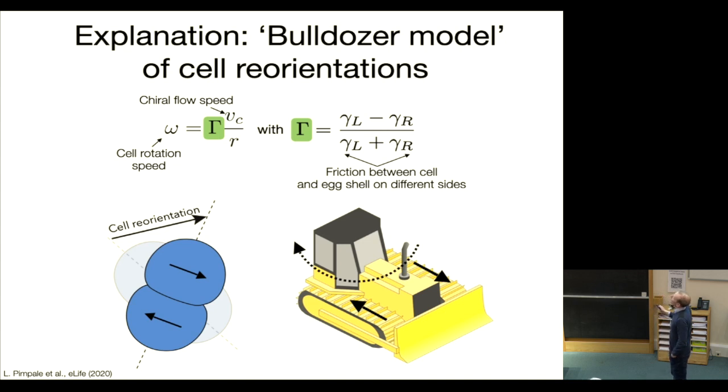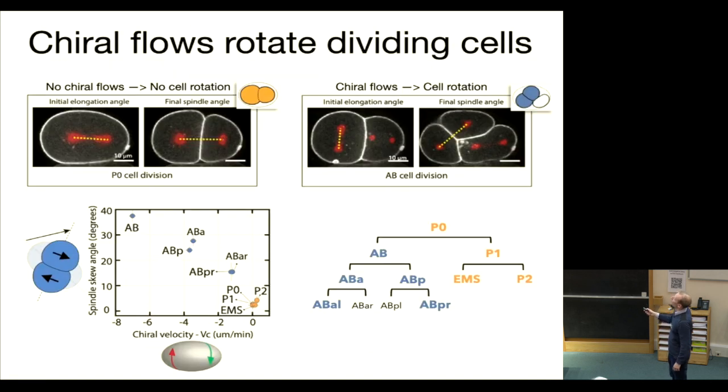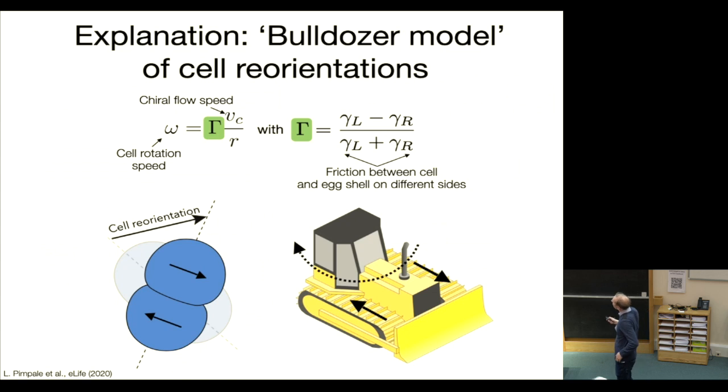So we arrived at a formula that says the amount of flow of this counter-rotation is proportional to the rotation of the division axis. Okay, this is essentially what you saw in this plot. The more flow I have, the more rotation. So this comes out of the theory. But the physics is in this prefactor here. And this prefactor says what I have to look at is the friction on the two sides that this dividing cell is in contact with the eggshell, because it's particularly in contact with the eggshell on two opposing sides.